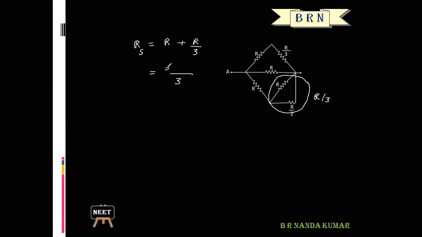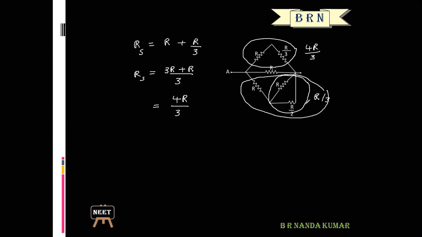So here the value is 3R plus R. So 3R plus R is how much? 4R. 4R divided by 3. So the effective resistance of this series combination is 4R divided by 3.